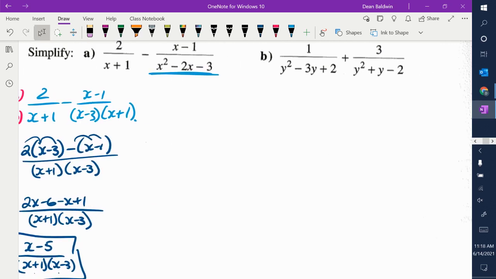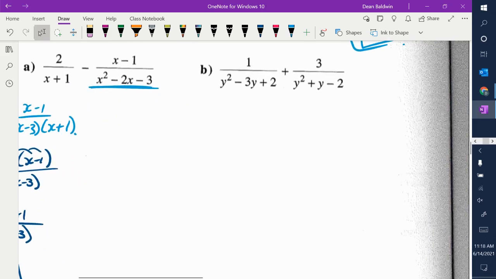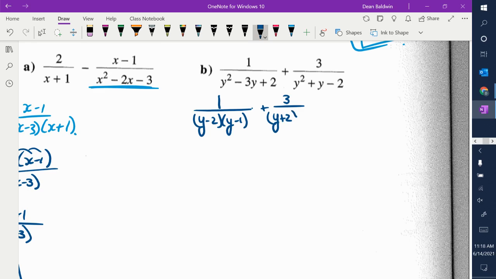This one, B. What do I do? Factor. Just like everything in this class and what you will do in Math 12 and beyond, it's always, if it's not in factored form, factor it. So y minus 2, y minus 1, y plus 2, y minus 1.